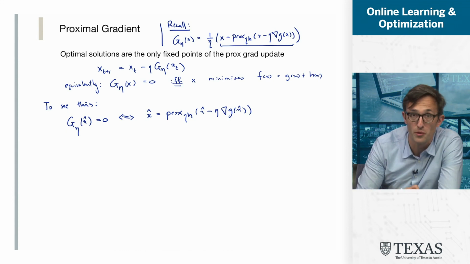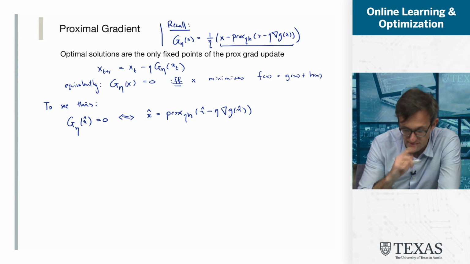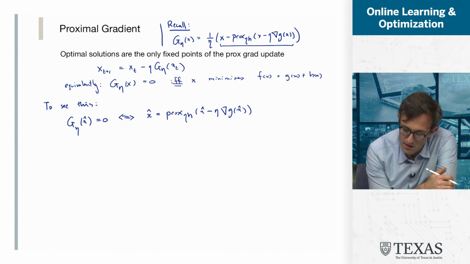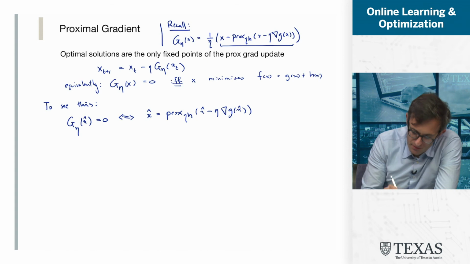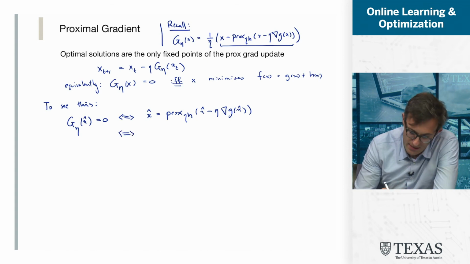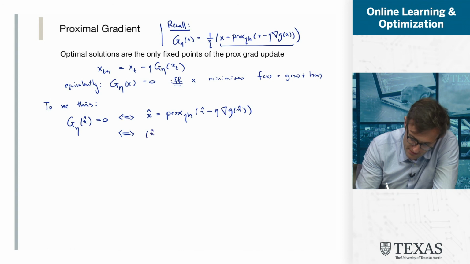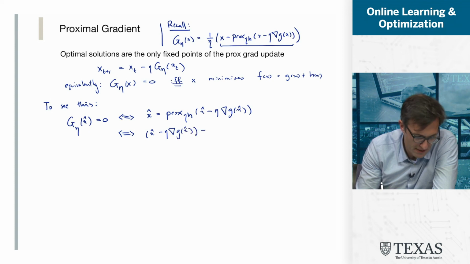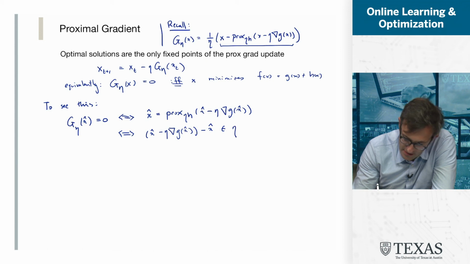Note that I ditched the 1 over eta because I can just multiply through since I'm just setting it equal to 0. Okay, so what does this tell me? This is exactly equivalent to saying x hat minus eta gradient of g of x hat minus x hat is in eta times the subdifferential of h of x hat.